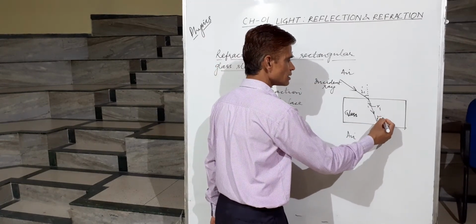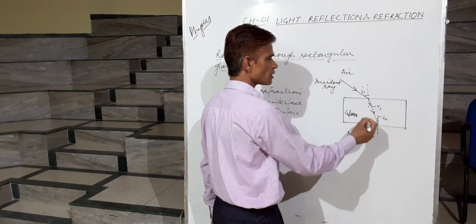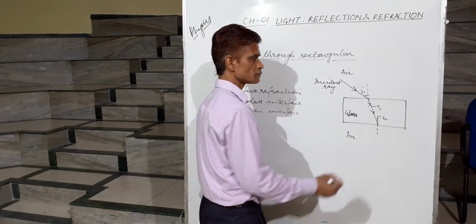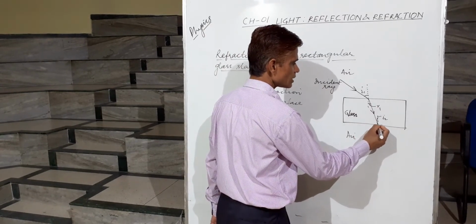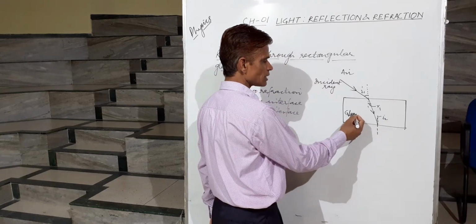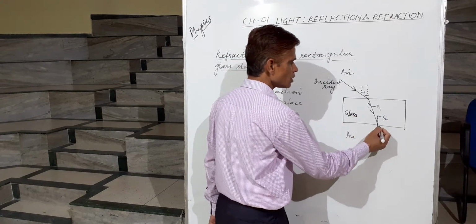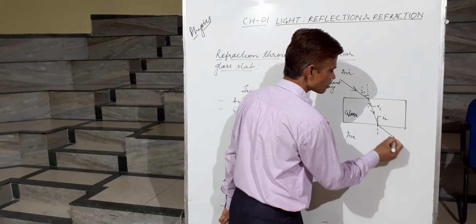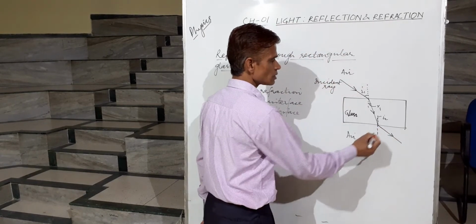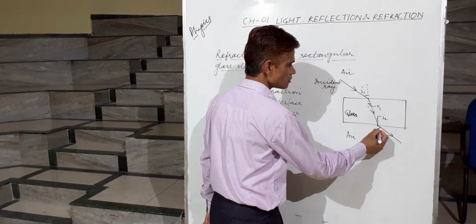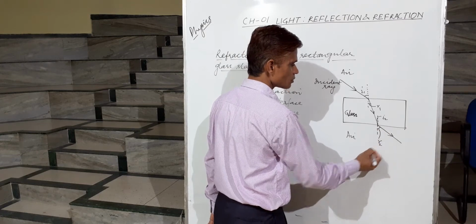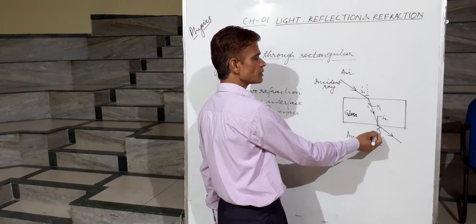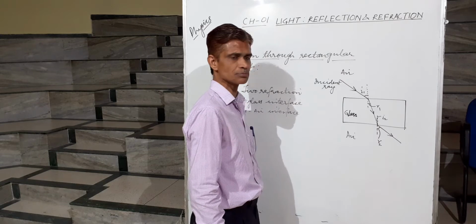Now here this will be the angle of incidence for the second refraction. Now what would happen to this ray? Since this ray goes from denser medium to rare medium, it will go away from the normal. So this angle here, let us take R2, is the angle of refraction for the second refraction.